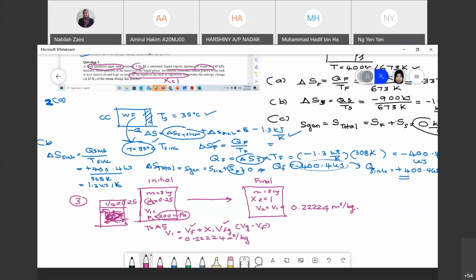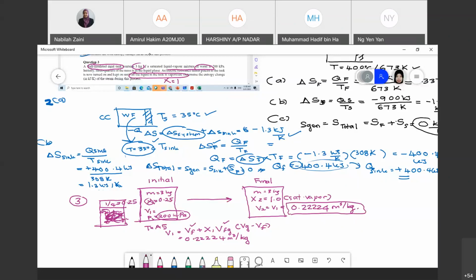Now you have V2 equal to 0.22224 meter cube per kilogram, and X is about 1.0, which is saturated vapor.